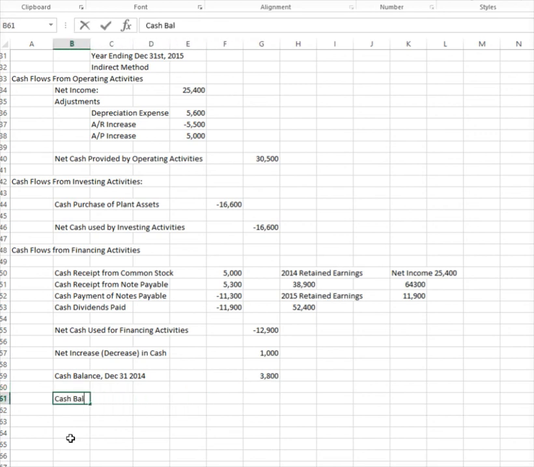And cash balance at the end of 2015, $4,800. Okay, so this is a good place for you to check to see if everything you've done up here in your statement of cash flows is accurate, because at the end of the day, whatever you come up with for this number here needs to agree with the ending balance that you see in the comparative balance sheet in the cash account for 2014, and then you should either add or subtract this number and be able to arrive at the balance as of 2015.